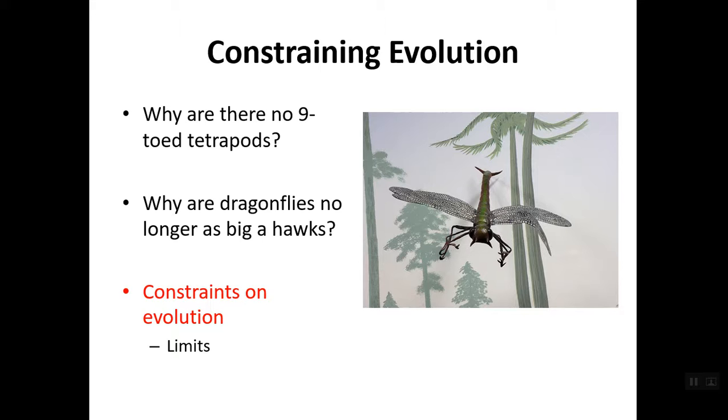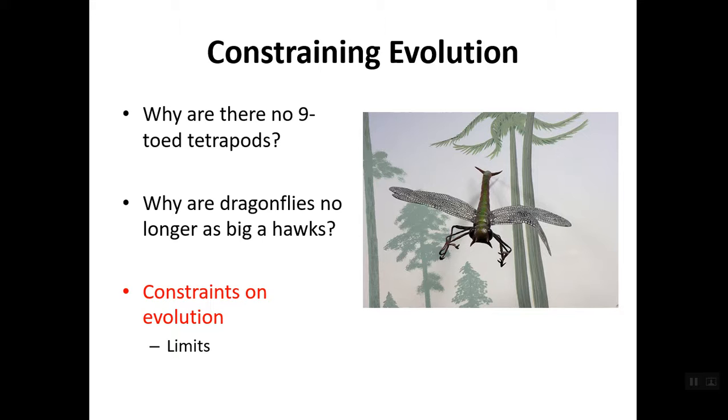You know that oxygen is energy. If you have more oxygen, you can become bigger. And so we think that the fact that there was a lot more oxygen in the atmosphere at that time allowed these insects to become so big, given the not so efficient respiratory system.